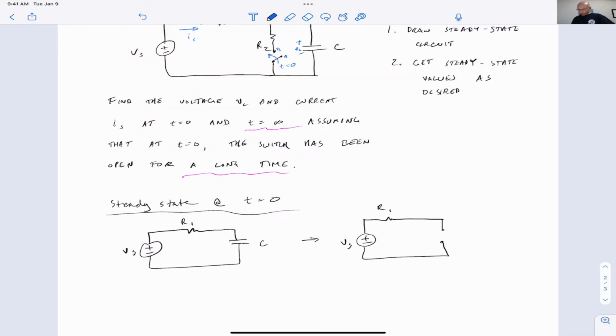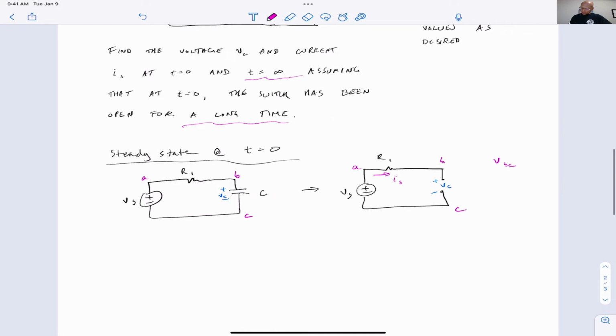Recall that in steady state, the capacitor acts like an open circuit. So we'll put here VC. And we'll just designate the nodes A, B, C. So what we really want is the voltage VBC, and we want this current IS.